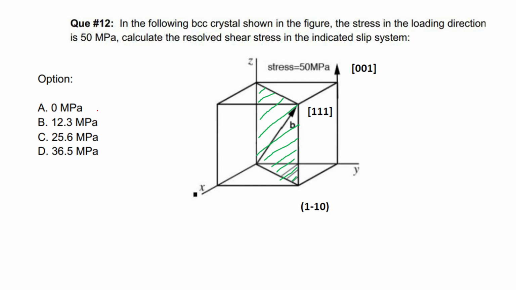What will be cos phi here? If you say cos phi here, you can directly say the answer. What is the Schmidt factor here?